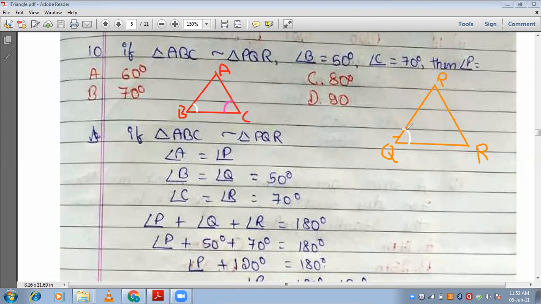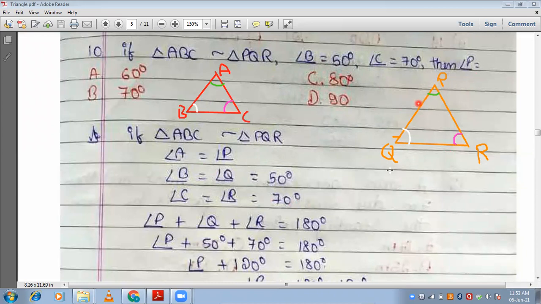This angle C is equal to this angle R. Next, you need to find out angle P. Angle P is always equal to angle A. Angle A is equal to angle P, and angle B is equal to angle Q, which is equal to 50 degree. Next, angle C is equal to angle R, which is equal to 70 degree.